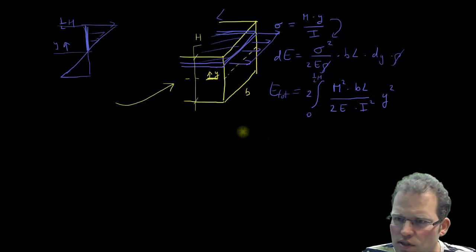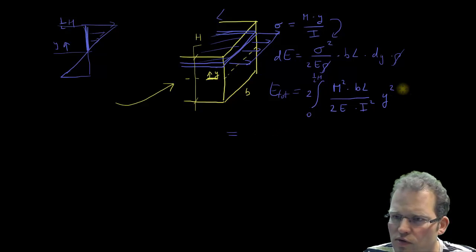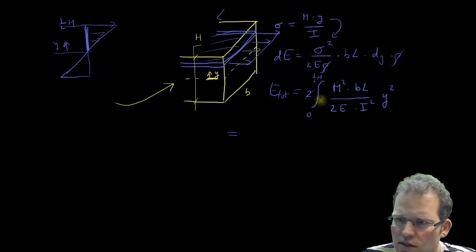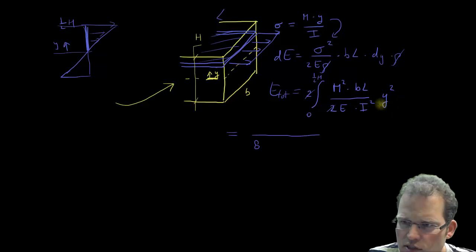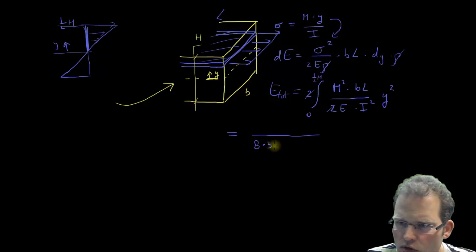We have to calculate this integral, and this is an easy one because it's only y to the power of 2, so it will be 1/3 y to the power of 3, and we fill in this half, so that will be 1/8. These can cancel out, so we have 1/8 times the 1/3 of this integral, M squared B L H to the power of 3.